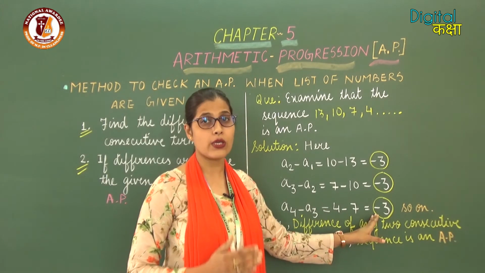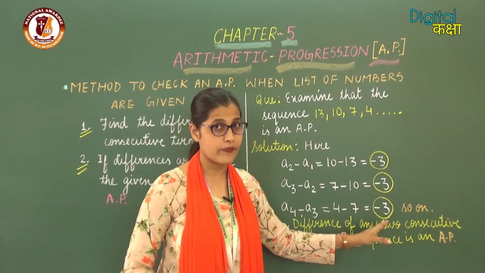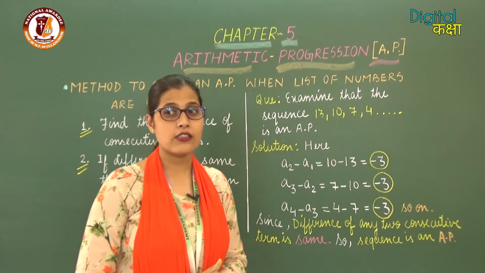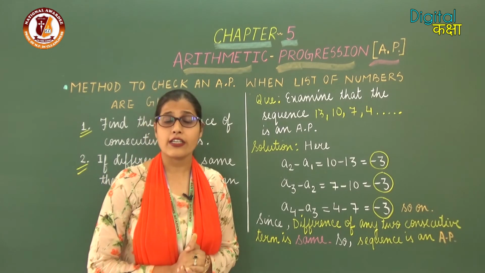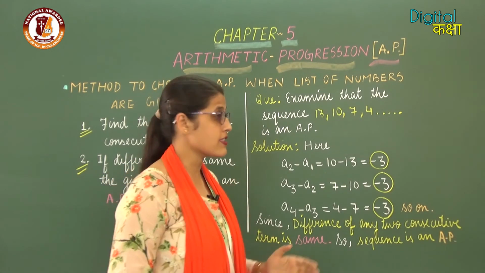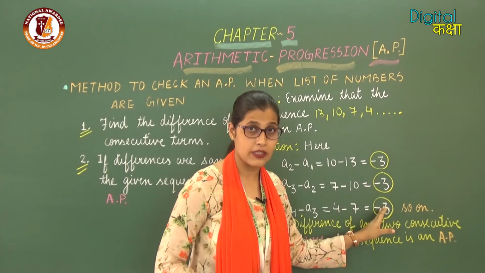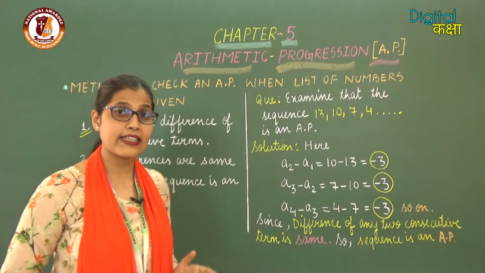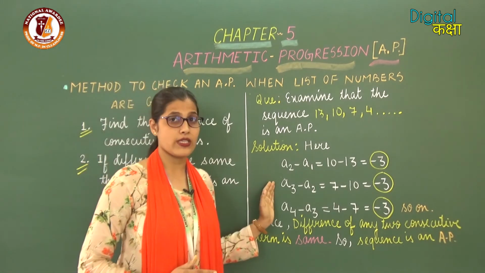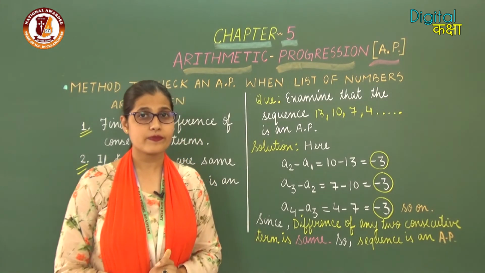The value will be equal to minus 3. Now, you can see here that on subtracting the given terms, we are getting the same difference, which is minus 3. As the difference is coming same, we can say that the given sequence is an AP.